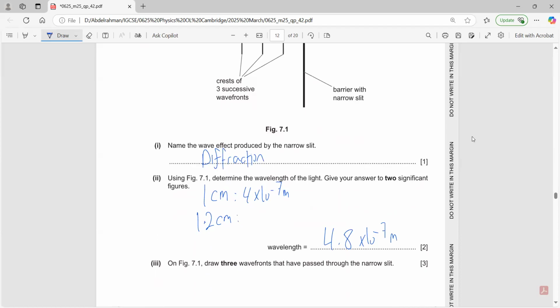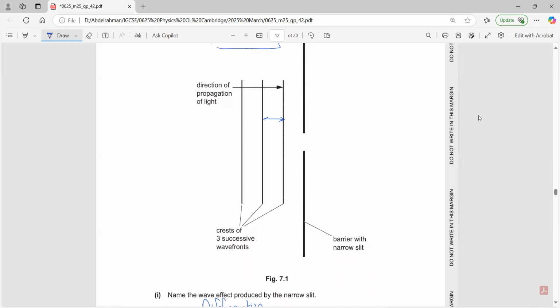On figure 7.1, draw three wavefronts that have passed through the narrow slit. As these wavefronts pass through the narrow slit, you need to use your compass. Open it up onto the first wavefront, and then draw a semicircle on this side. Then open up your compass to the second wavefront and draw another semicircle, and then a third one.